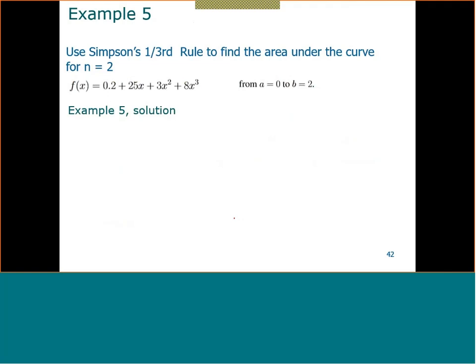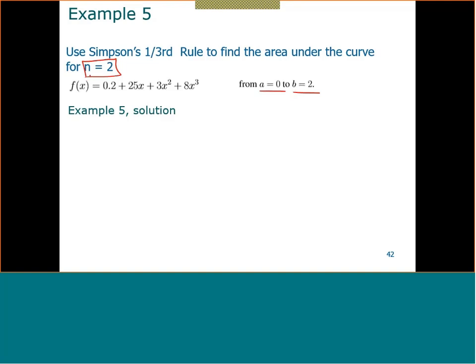It says here, I will start with n equal to 2. We have a function that we can easily find the integration of. I want to do the integration from 0 to 2, and then I want to find the error. What is the error? What is the difference between the exact and the summation, the approximation for n equal to 2?